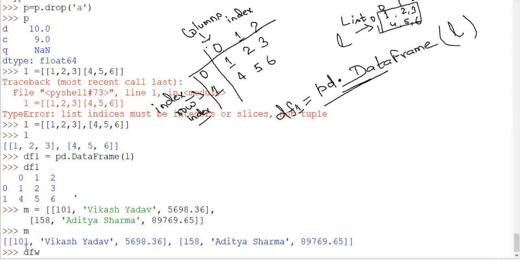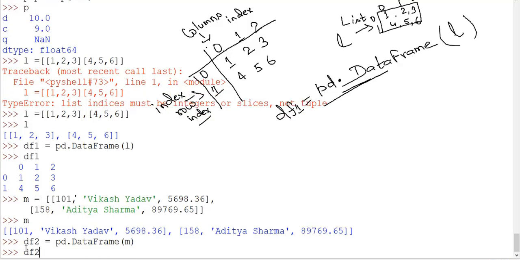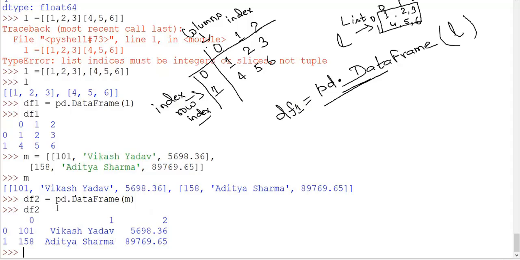Now I'm going to create another data frame, df2, equal to pd dot DataFrame, and I'm writing m here. Look at this. I'm pressing df2, and I'm getting the output. Now you can observe this output carefully.